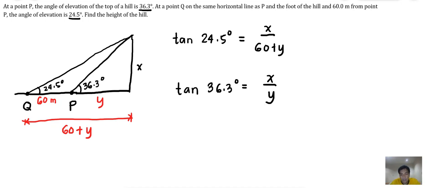So we are now given two equations and we are asked to solve for x. To answer this one, we need to solve in terms of y. So y is equal to x divided by tangent of 36.3 degrees.